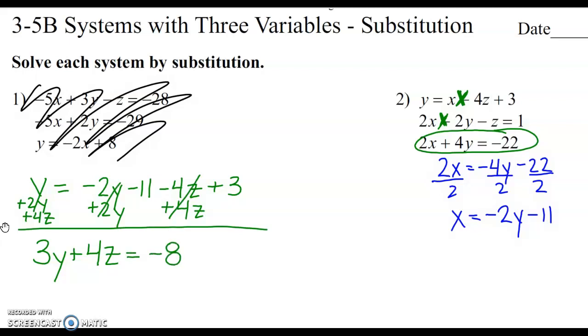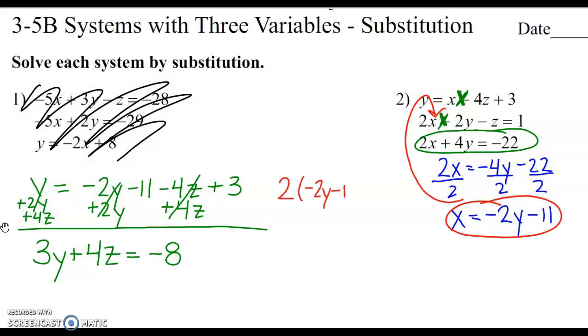All right, then I'm going to plug that x value into the second equation. So we have 2 times x, which is negative 2y minus 11, minus 2y minus z equals 1.